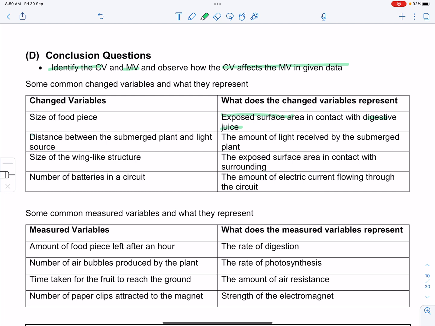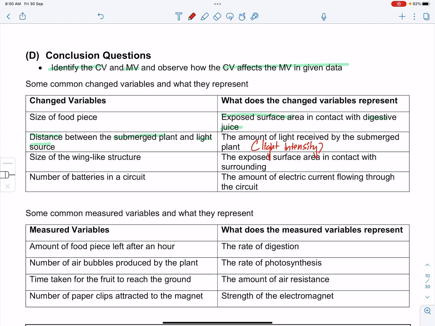And distance between submerged plant and light source represents light intensity, or the amount of light received by the submerged plant. I would like you to use the term light intensity, because that is the correct quantitative term for the amount of light given.